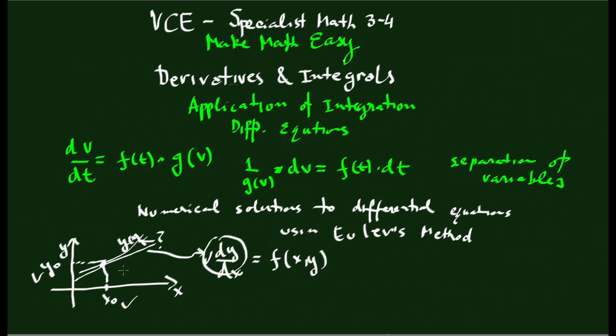So you can get the next point that is close to being on the curve, at x1, if you take it from the tangent. So y1 is on the tangent.